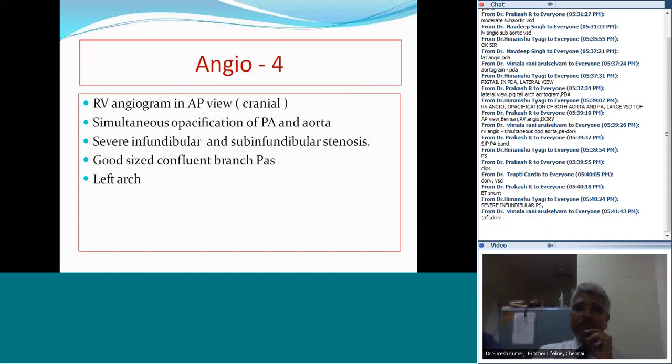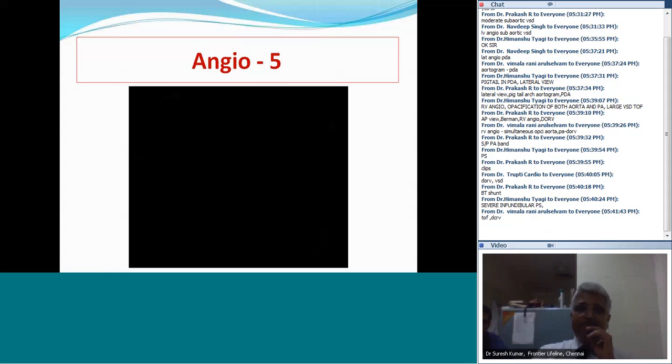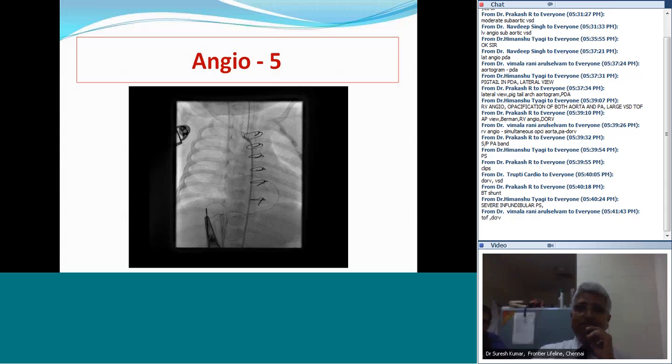Now, the important thing to mention is arch anomalies are quite significantly associated with DiGeorge syndrome. So you shouldn't forget arch abnormalities like double aortic arch or abnormal aberrant takeoff of the subclavian artery. These actually are quite significantly linked with DiGeorge syndrome.